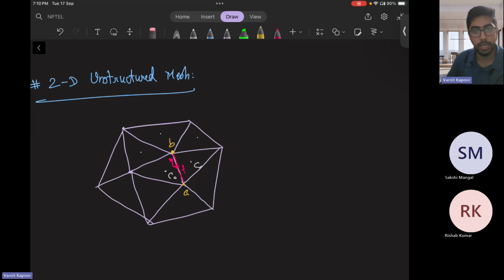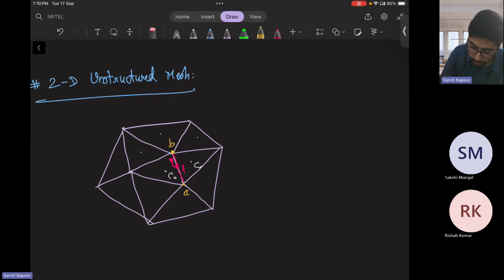So one way is to basically calculate dou phi by dou eta here and then average both of them, some kind of interpolation. You can number all the cell centroids 1, 2, 3, 4, 5. So you will get the values of dou phi by dou eta at north face of C naught, and similarly for the south face and some neighboring cells.